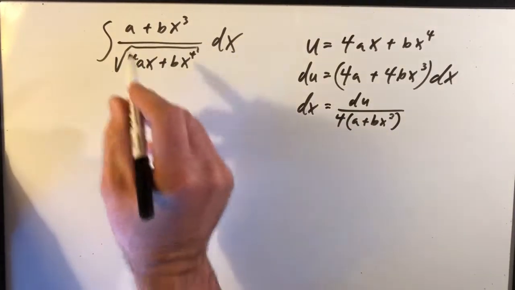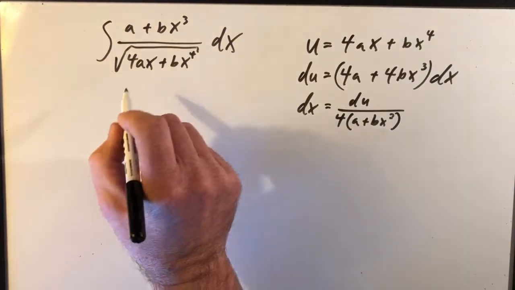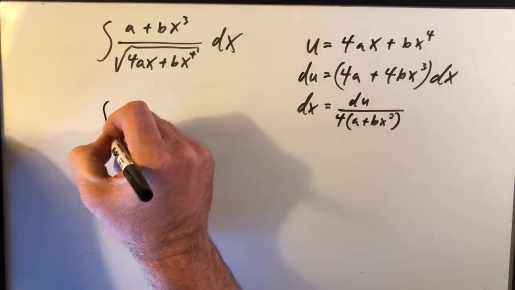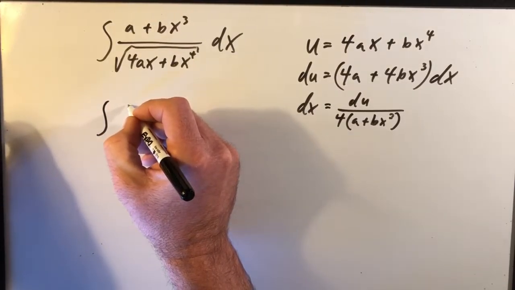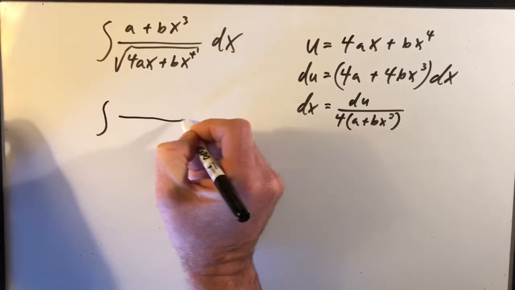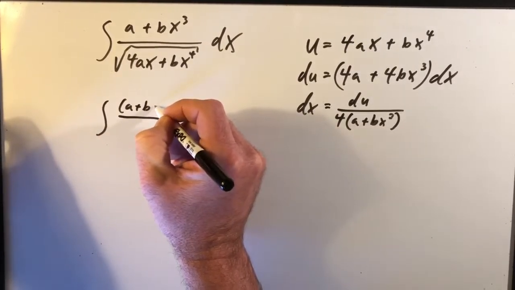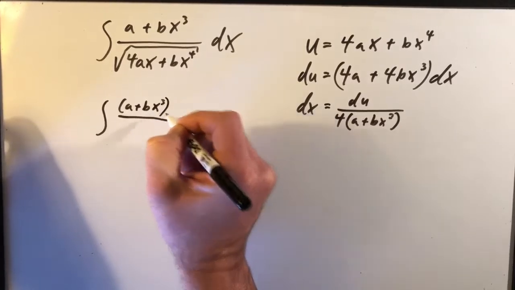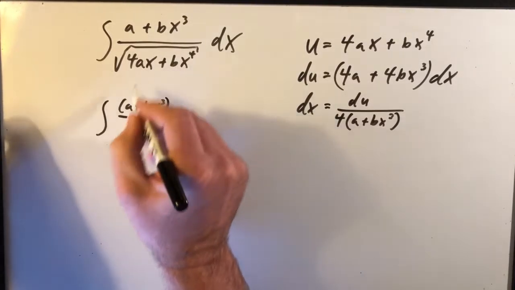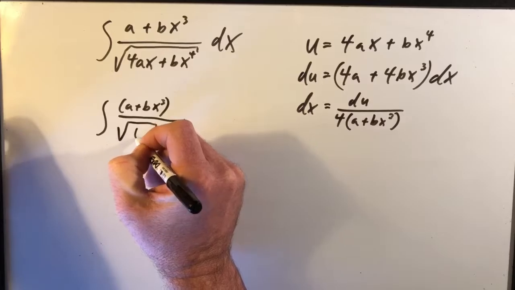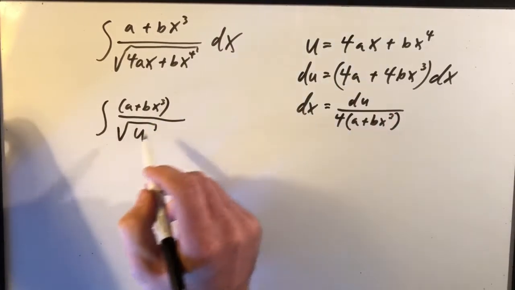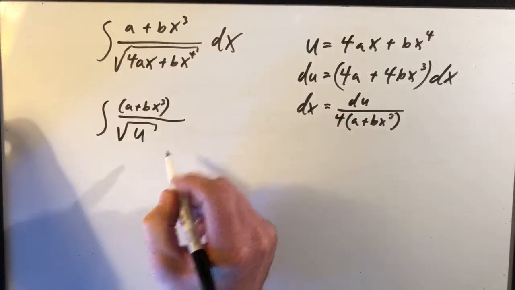So let's do the substitution to go from x domain to u domain. We'll keep a plus bx to the 3 there, and we have the square root of u. Now that goes directly in for that one right there.